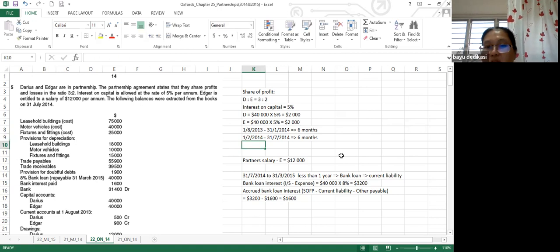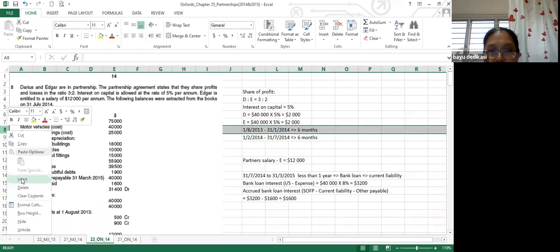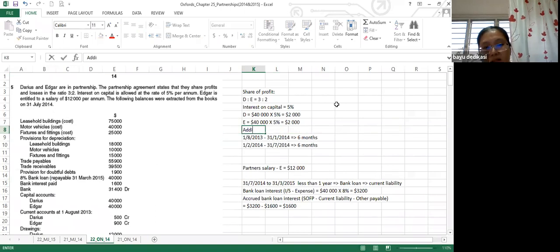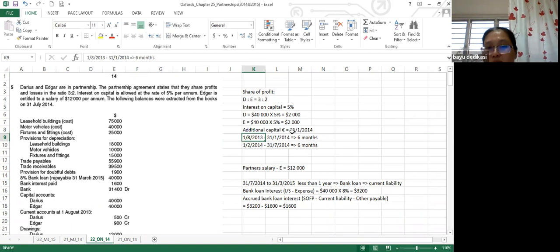Why we need to differentiate? Because the additional capital from IGA is on 31st Jan 2014. So this one is the last day of January. So we start to count the interest from 1st Feb until 31st July for this extra 20,000.